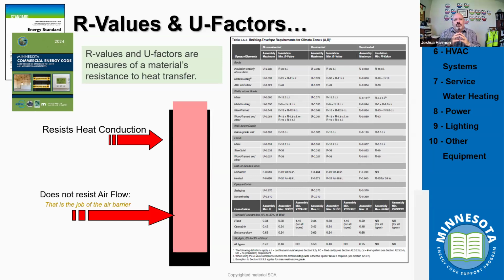But if we truly understand, air movement is really the key, a hand and glove kind of relationship with what we're talking about. Regardless of whether or not a building has great thermal insulation, if the air barrier is not installed properly, then we're going to get a level of air leakage.